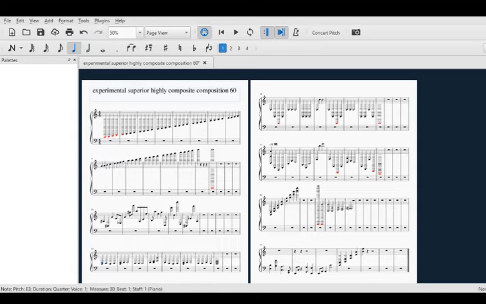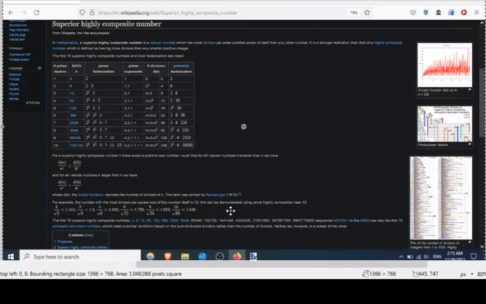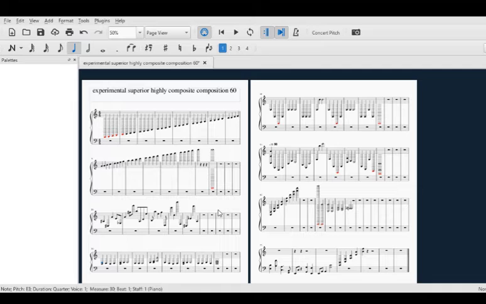It could just be coincidence, but I was thinking that since 12 is one of the superior highly composite numbers, and since a lot of chords have basic ratios, like 3 to 2, 4 to 3, 5 to 4, basic fractions that make the chord sound really good, I was wondering if it was possible to make a 60 tone scale.